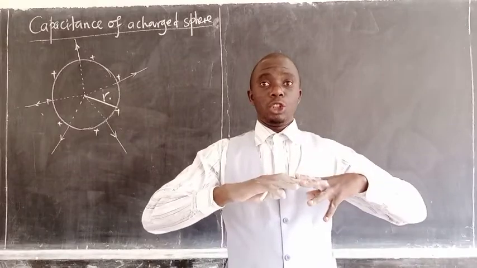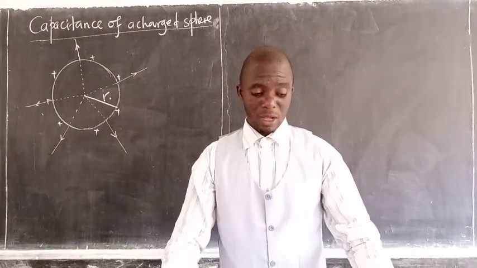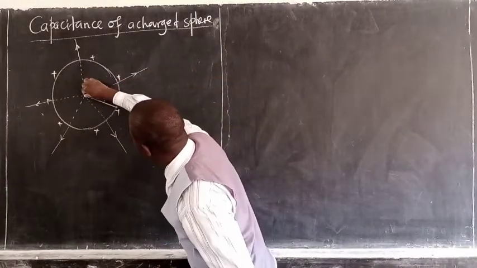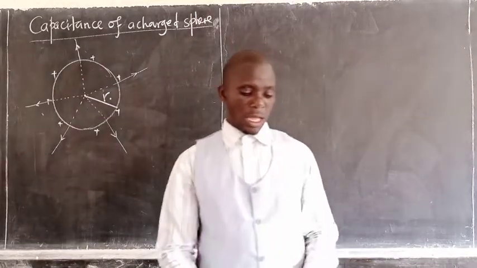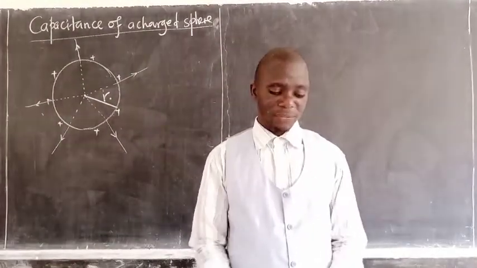So the charges are concentrated at the center. That's the behavior since the field lines are moving like this. So it's as if the charge is concentrated there. What's the potential of a charged sphere?